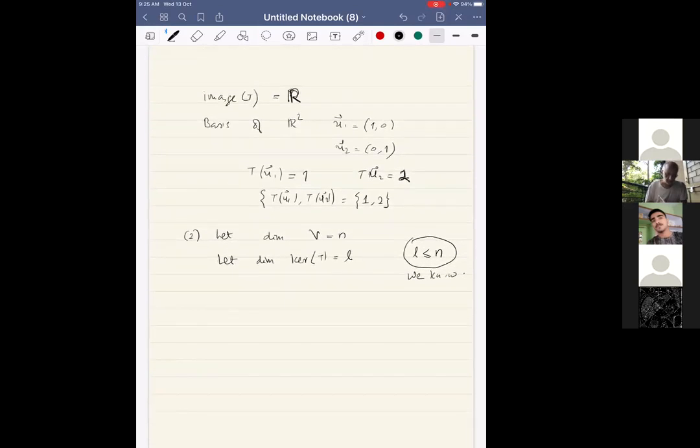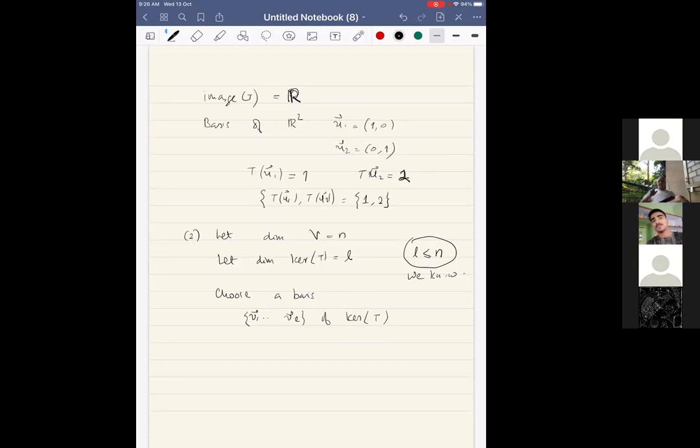So choose the basis V1 to VL of the kernel of T. This is a linearly independent subset of V because it's a basis of a subspace. So it's linearly independent as a subset of V. Is that clear to everyone? So what am I doing? I have a vector space V. I have a subspace, the kernel of T. I choose a basis of that subspace.